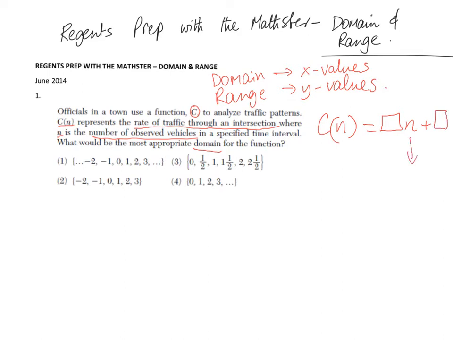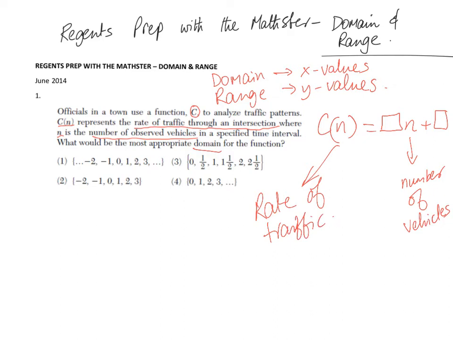And this is the number of vehicles, and this is the rate of traffic. So this would represent the range. This blue part is the range. And the domain is the number of vehicles.